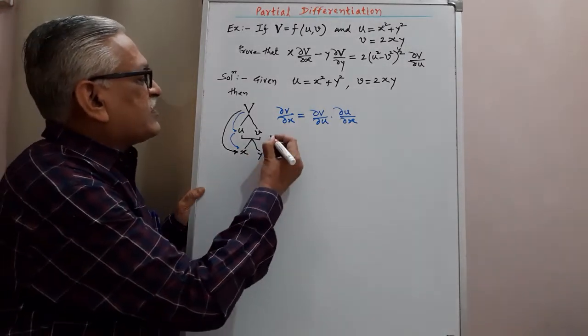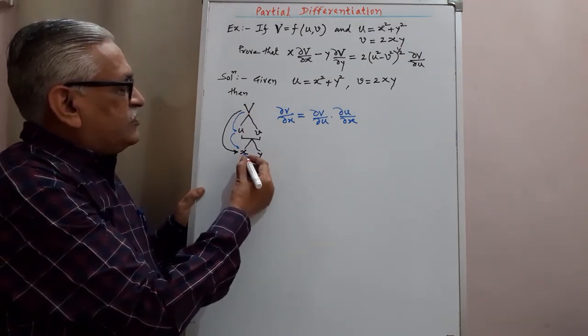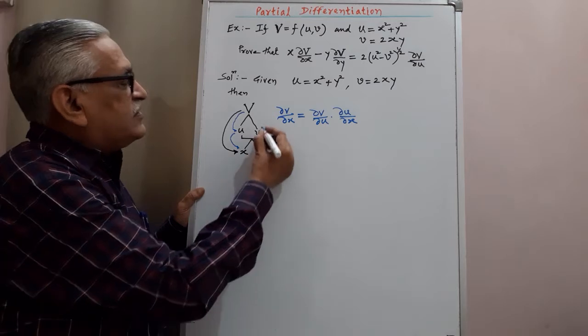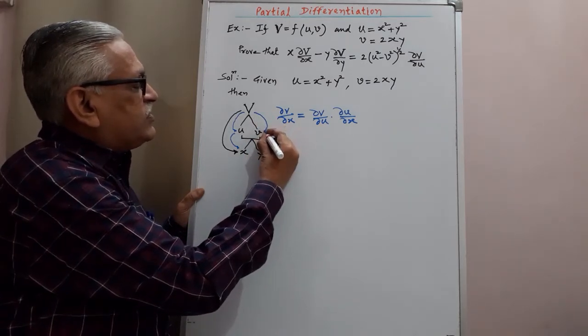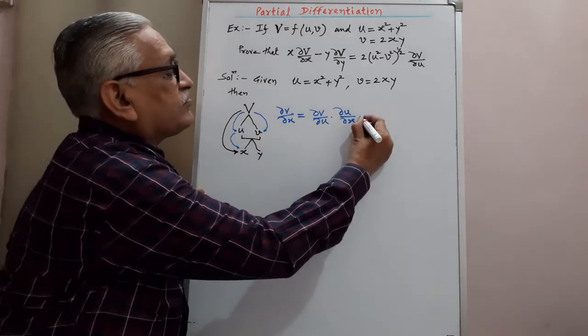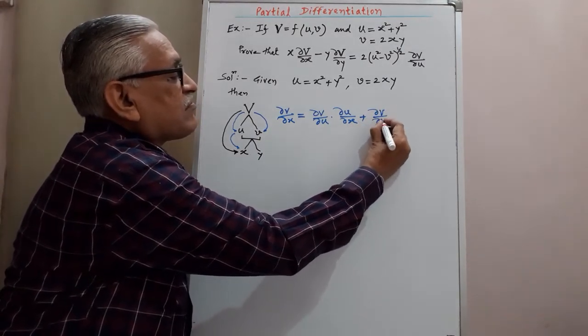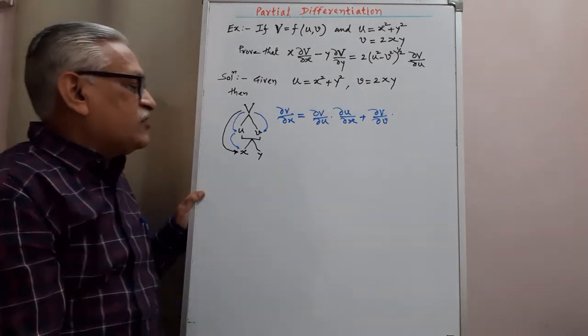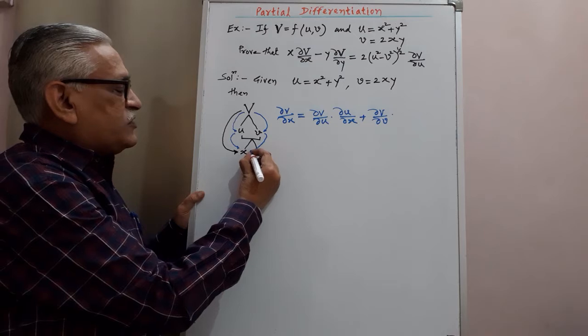Then plus, we can differentiate V with respect to small v, and by chain rule, differentiate that v with respect to x.